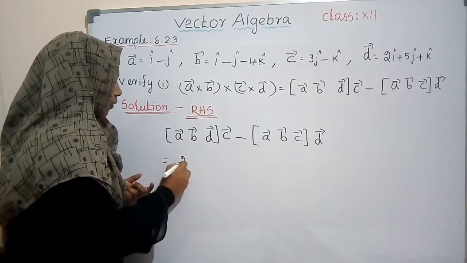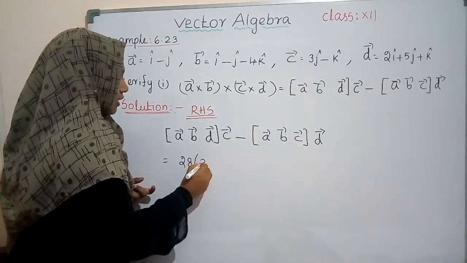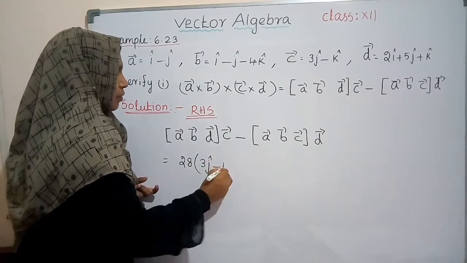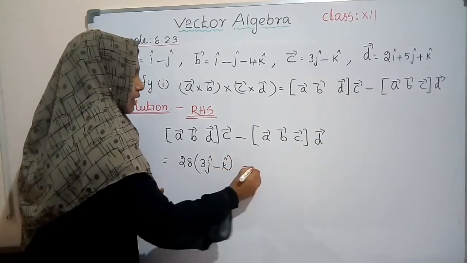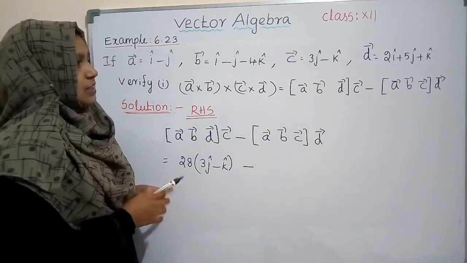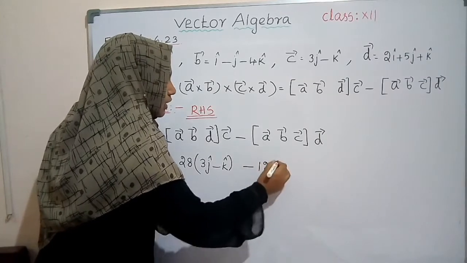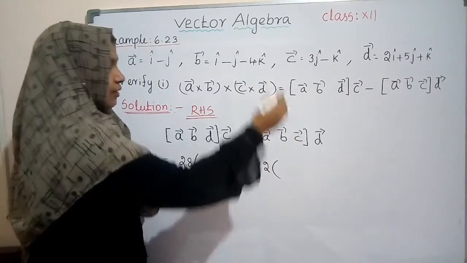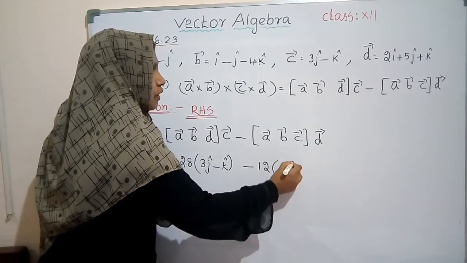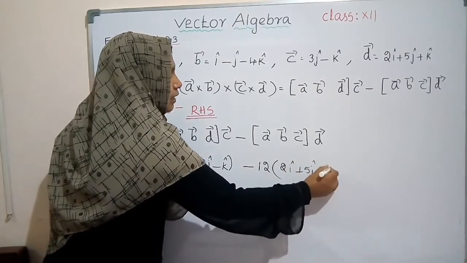So write 28 into c vector. What is our c vector? It is 3j cap minus k cap, minus. Then the box product of a vector, b vector, c vector is 12. So I write 12 into d vector. What is our d vector? 2i cap plus 5j cap plus k cap.